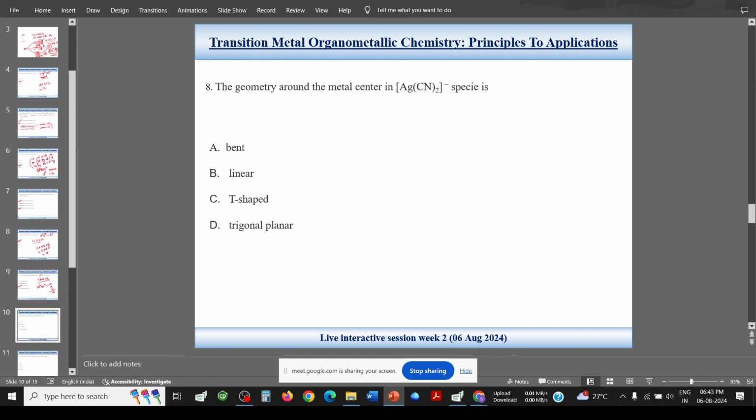Going to the next question. The geometry around the metal center in the [Ag(CN)2]- species is. Any idea about the geometry of silver complexes? It can be bent, linear, T-shaped, or trigonal planar.